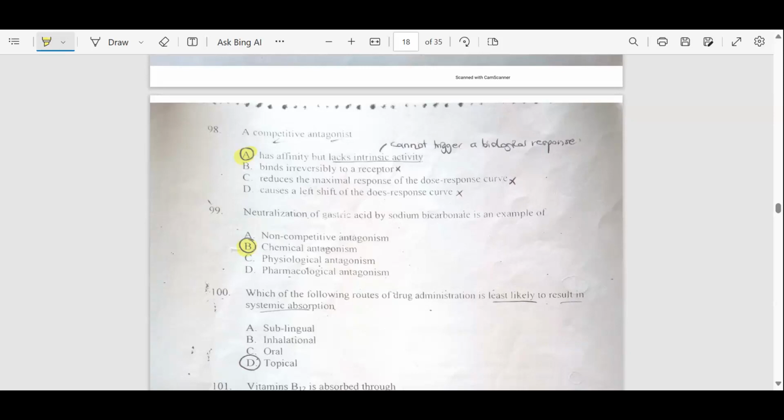The third one is pharmacokinetic antagonism. Here we are talking about the 4 aspects of pharmacokinetics: absorption, distribution, metabolism, excretion. If you've overdosed on a weak acid, we usually want to give you a base, so that the drug can be excreted or eliminated in urine in high amounts.